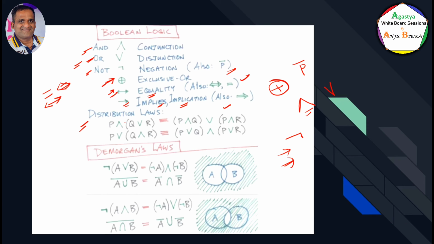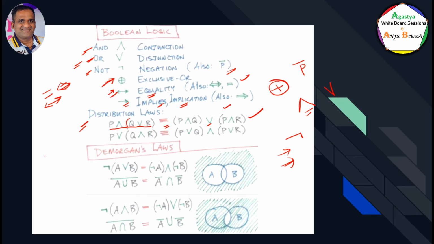P and (Q or R) is equal to (P and Q) or (P and R). This is the distribution law, and it is very simple. How do we remember it? P and Q goes in the bracket.